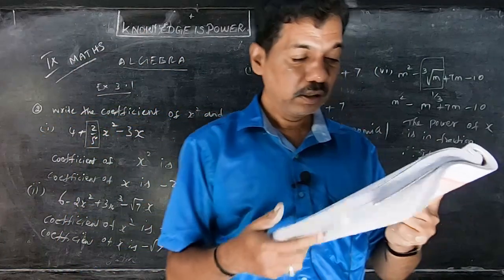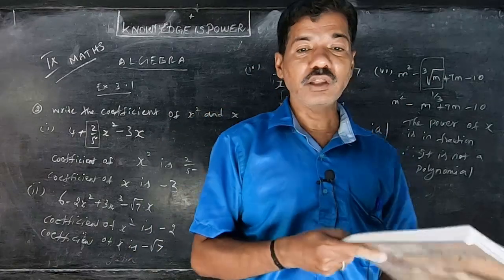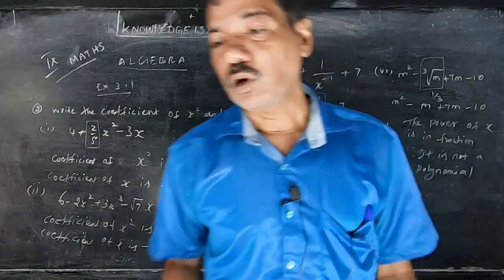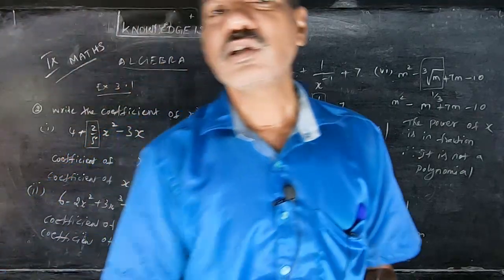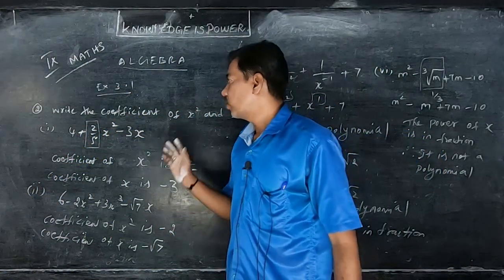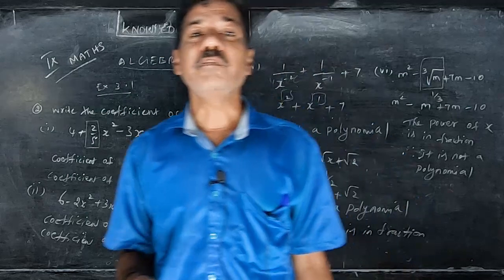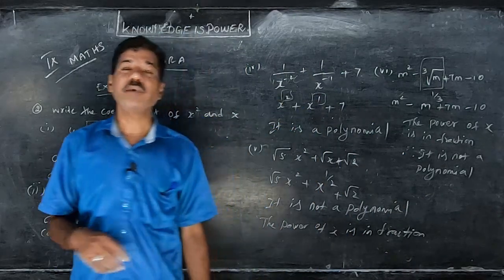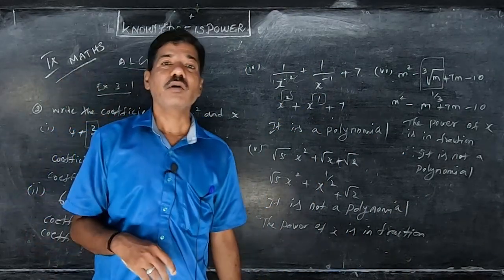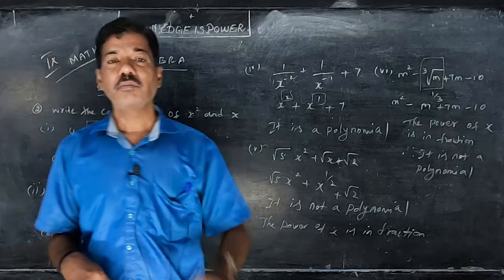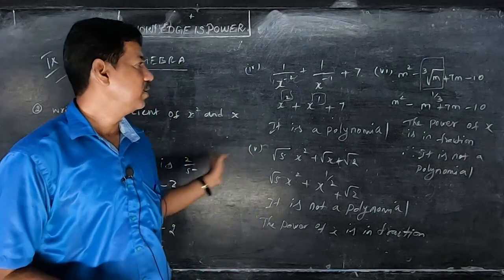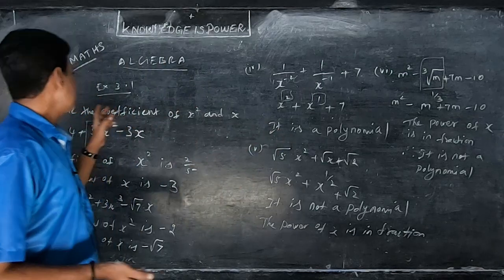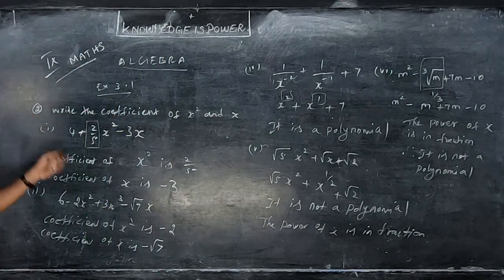Can you able to follow that? Okay, so the balance I will continue in the next class. Just recall what terms I have told. I gave the introduction in the beginning: the meaning of degree of polynomial, constant, variable and all. Then in the first exercise I taught the first question and second question.